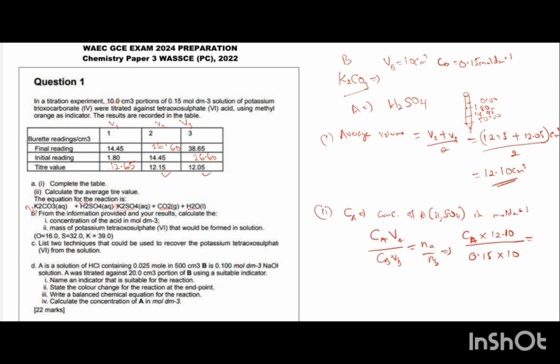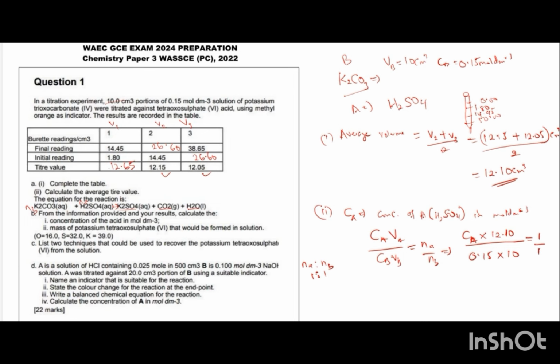So the ratio of acid to base is 1:1 because this is gotten from the balanced chemical equation. If it's not balanced, you are expected to balance it. But this one is already balanced. You can see 1 mole of H2SO4 and 1 mole of K2CO3 react. So there's nothing for you to balance here other than to just put 1/1. Please note that, it's very, very important.